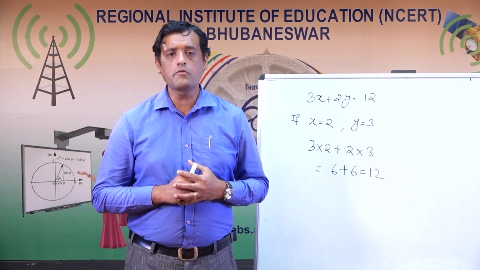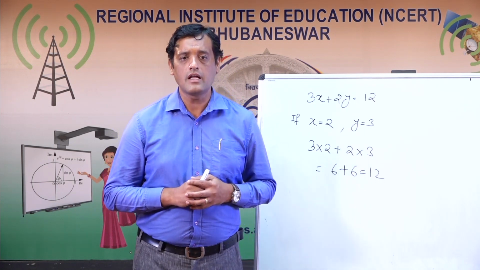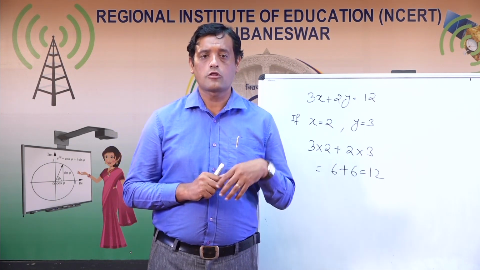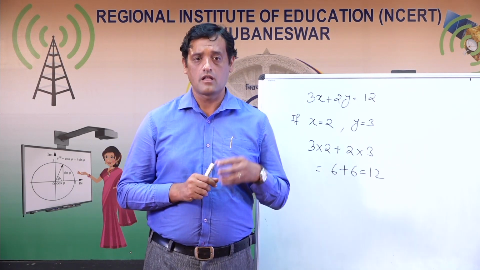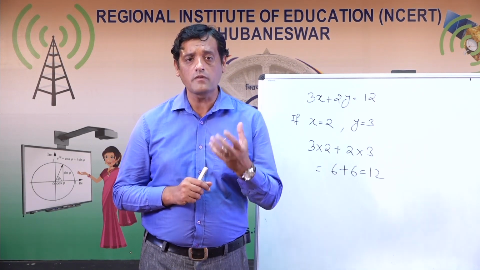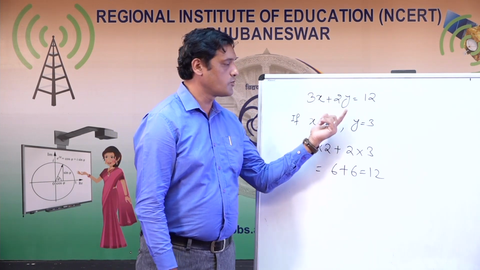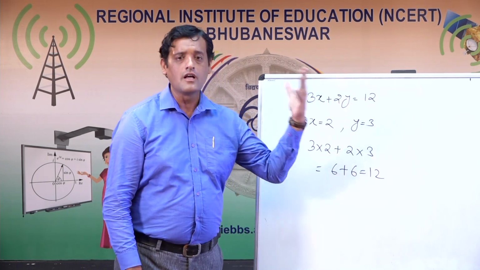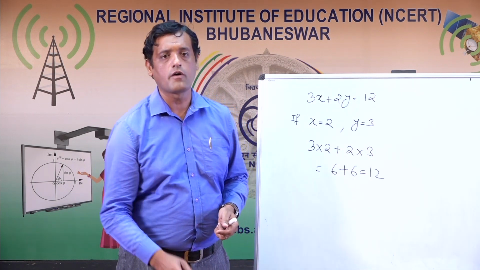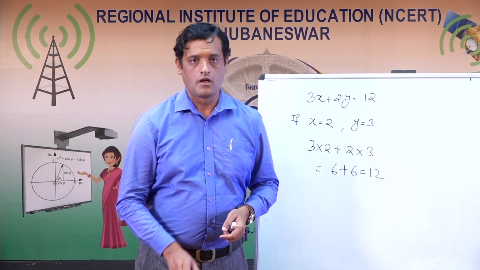So x equals 2 and y equals 3 is called a solution, or one of the solutions, because it satisfies our equation 3x plus 2y equals 12. It satisfies our equation, so it is called a solution of this equation.